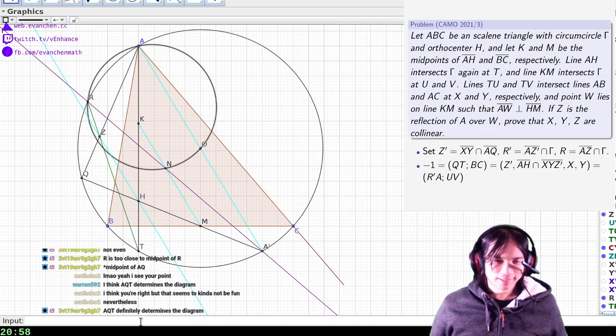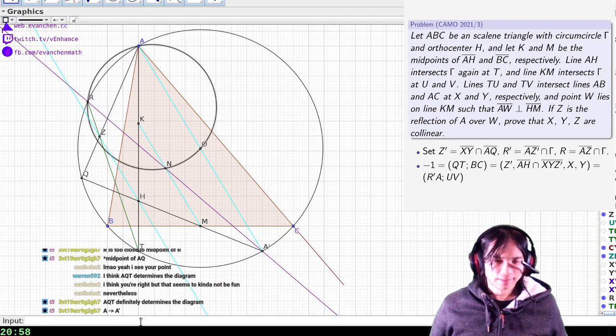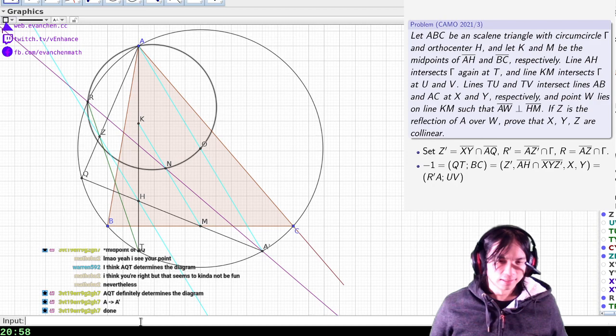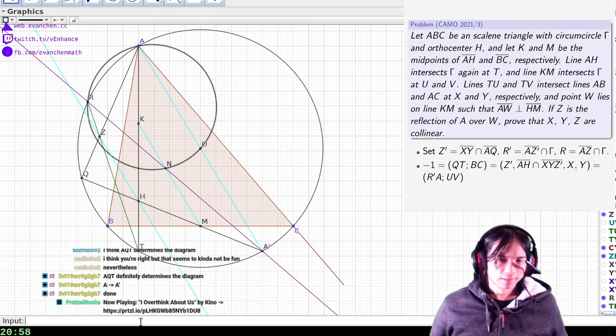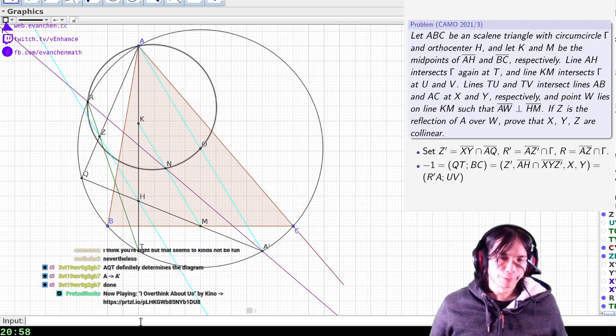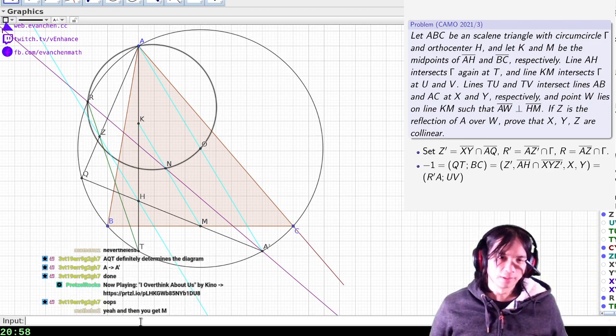I mean, let's see. Okay, so you get A prime, and then hence you get AH, and hence you can get... Is it true that we don't really care about B and C anymore?